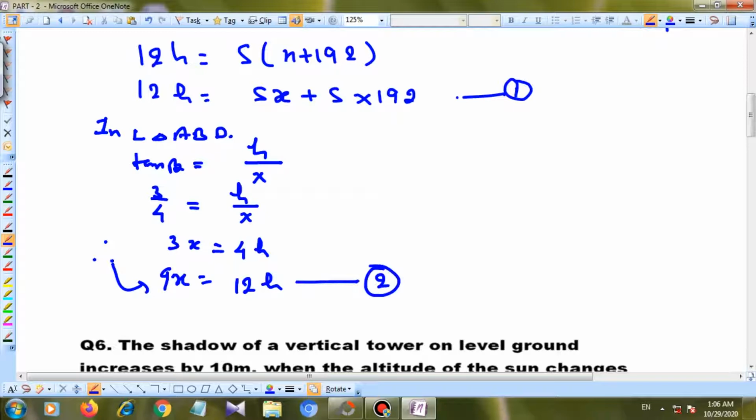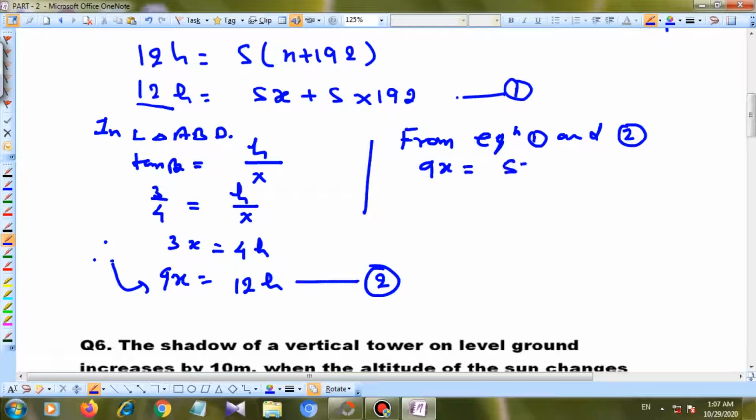Now from equation first and second, this is the value of 12h and this is also 12h. So equating the equations, we will get 9 times x equal to 5x plus 5 into 192.